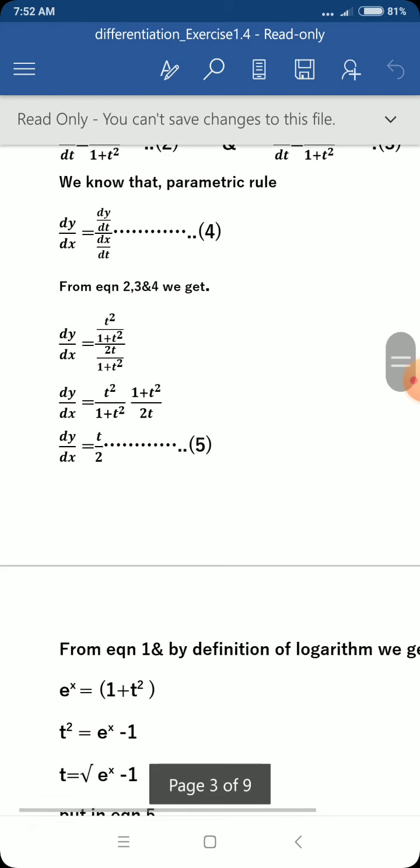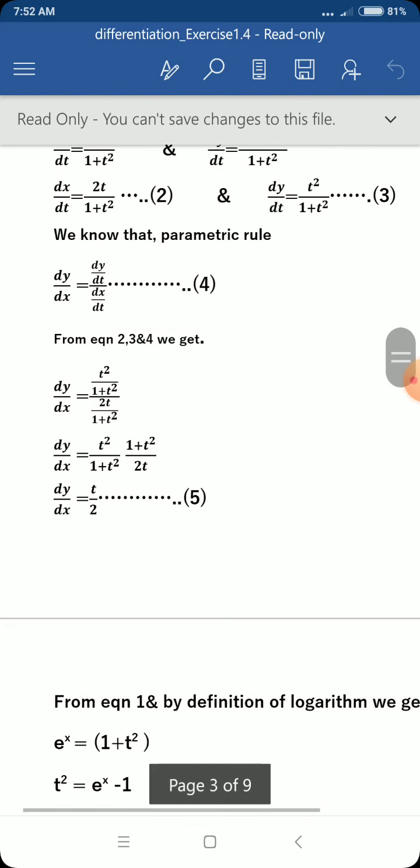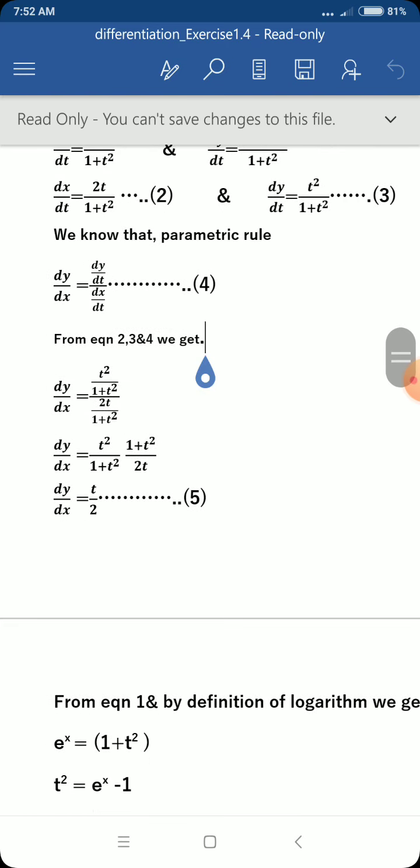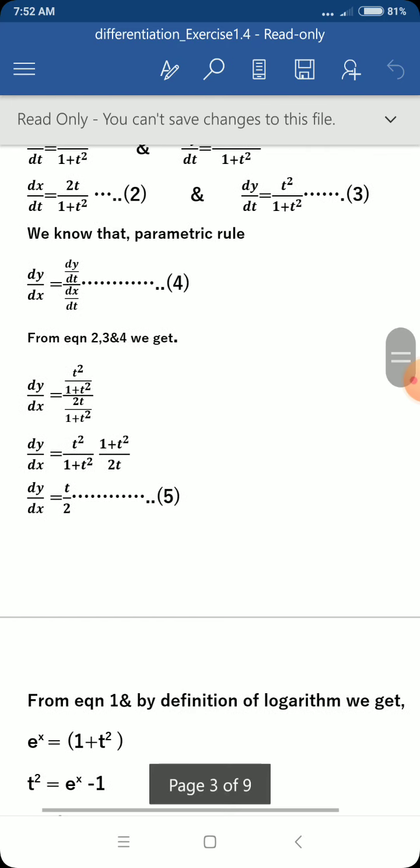Now from equations second, third and fourth, we get dy upon dx is equal to t square upon 1 plus t square upon 2t upon 1 plus t square.